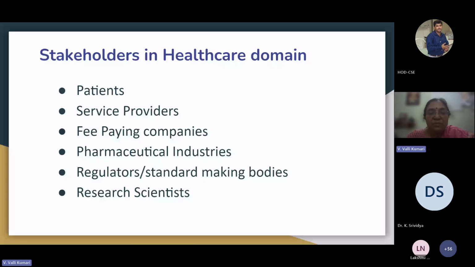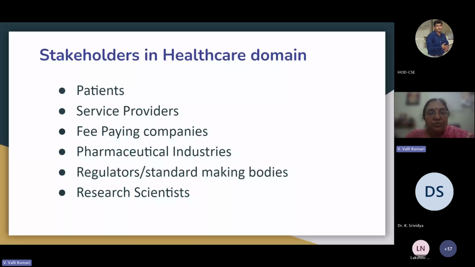All of these organizations and people generate lots of data. And you're pretty aware, once there is data, the researchers have got some kind of task at hand. So to apply our deep learning applications, we require loads of data, and these are the stakeholders who generate the data.